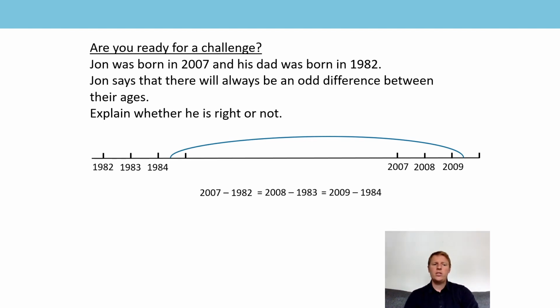But it would depend on whether we're talking about days, months, or years, and those would have different odd or even values. So kind of a trick question, but it's important to remember what we learned, that if both the minuend and the subtrahend increase by the same amount, the difference will stay the same.